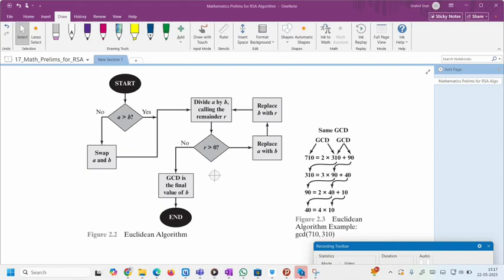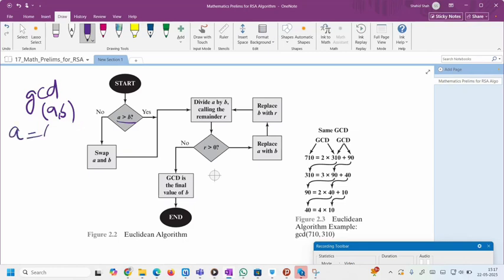Whenever you want to find the GCD between any two numbers, suppose A and B, first check if A is greater than B. If it is greater than B, then nothing to do. If A is not greater than B, just swap, as we did in the previous case. A was 4 and B was 6, so since A is not greater than B, we swap. If it is, fine, divide A by B.